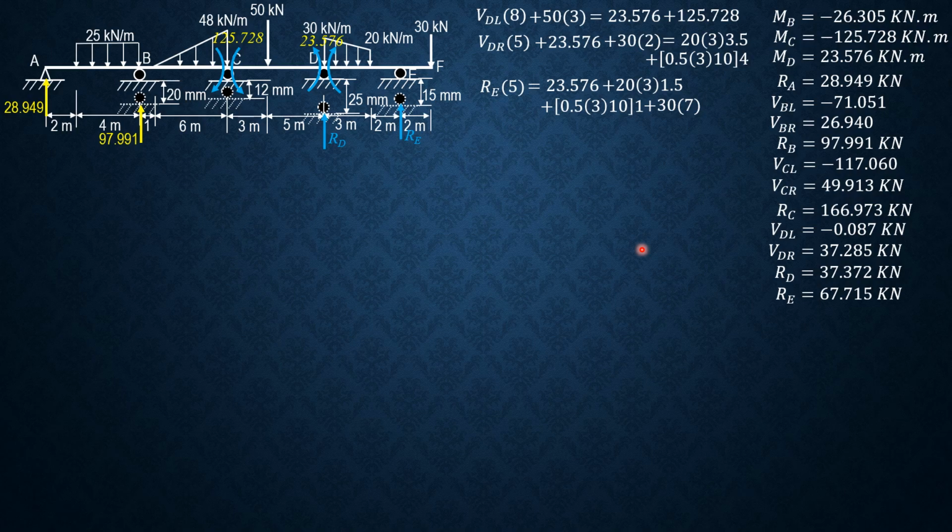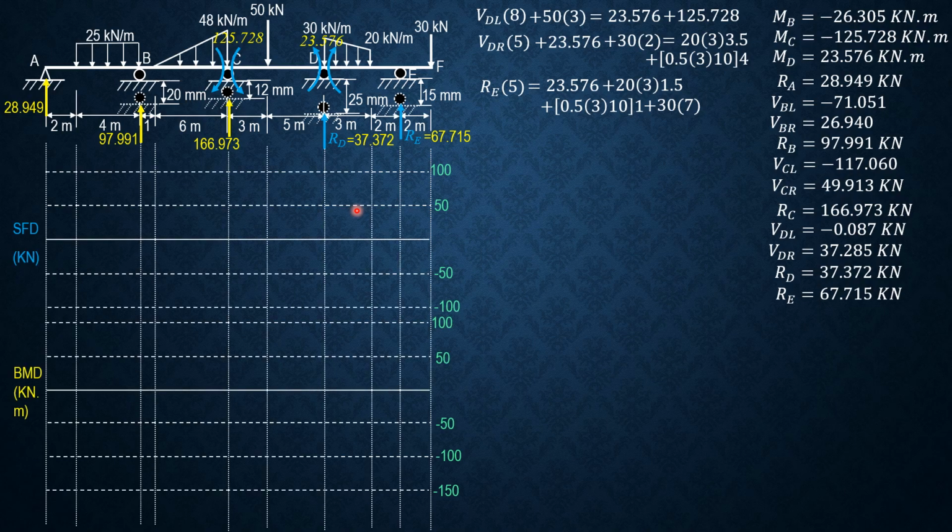Let's apply first the reactions. 97.991 kilonewtons for RB, R sub C 166.973, RD equals 37.372, and RE is 67.715 kilonewtons. So for the construction of shear moment diagrams, let's have the graduation by 50s.